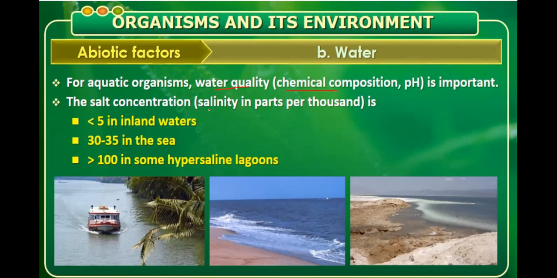The salt concentration, meaning salinity, in parts per thousand is also very important. It is less than 5 in inland water, 32 to 35 in the sea, and more than 100 in some hypersaline lagoons. So there are some lagoons where the salinity is more than 100.